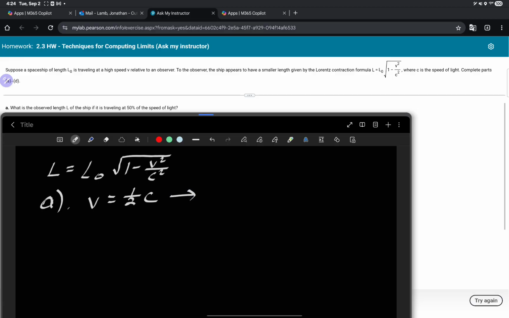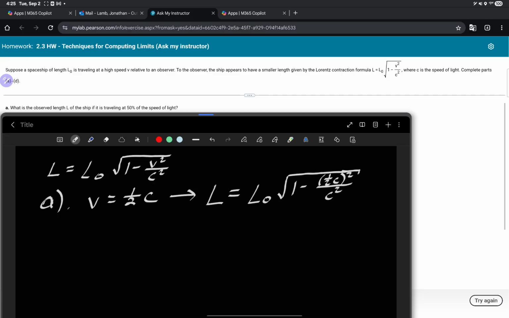Therefore, the length that it would appear would follow the equation L is equal to whatever the original length is on the square root. And inside of this square root, we're going to have 1 minus, and since the velocity is 1/2 c, I'll have 1/2 c quantity squared over c squared.